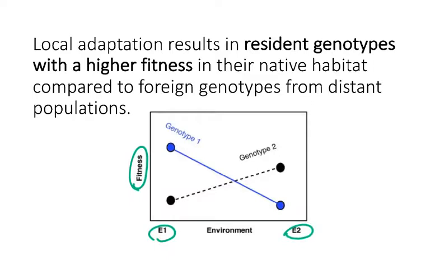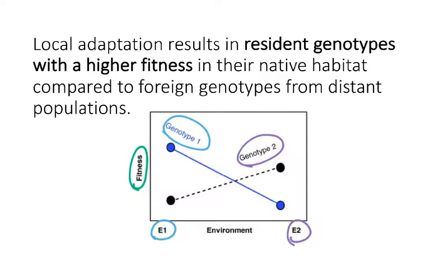So we have, let's actually do this in different colors, two different environments, environment 1 and genotype 1, and we'll do purple, environment 2, genotype 2. If we look at the fitness of these different genotypes in these different environments, this is where we see that pattern where the resident genotypes have a higher fitness.